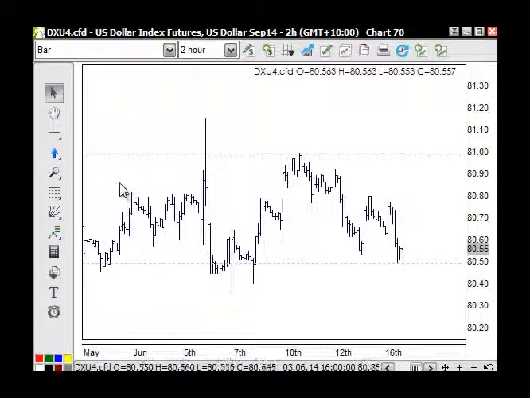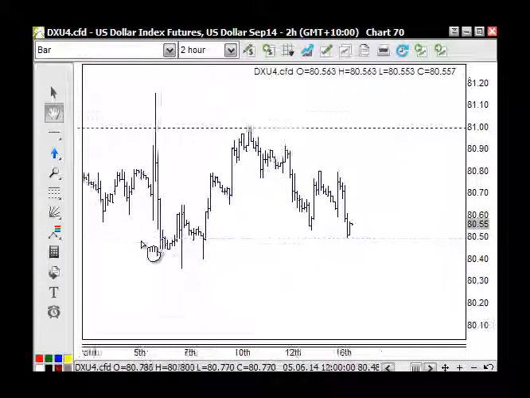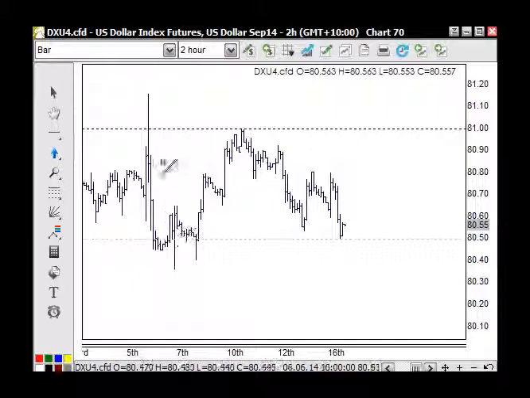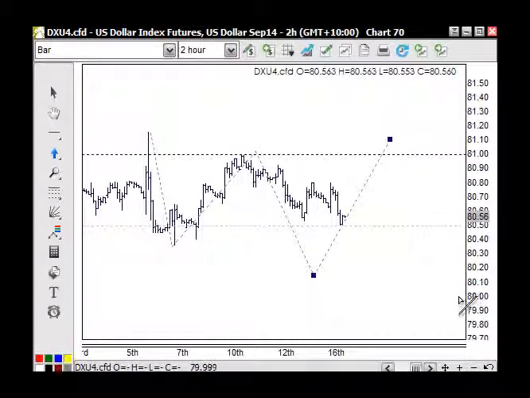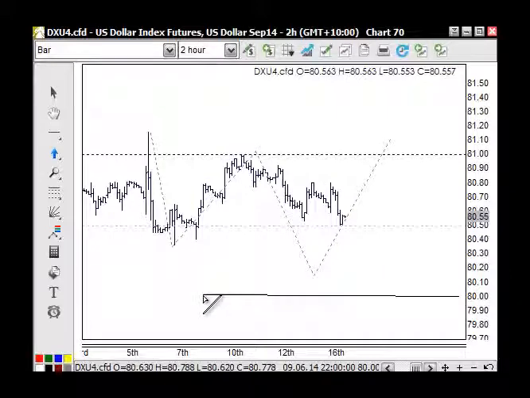The US dollar is sitting on 80.50 here, and in a nutshell, as I've mentioned before, as long as it stays above this level here, or above this low here basically, then it's still got a picture to the upside. Even if it took this low out, it still has a picture to the upside too, because we'd have to look at this as an A and a B and a C wave here, and then a move up, which is part of the bigger picture being above the 80 here, the major trading level.